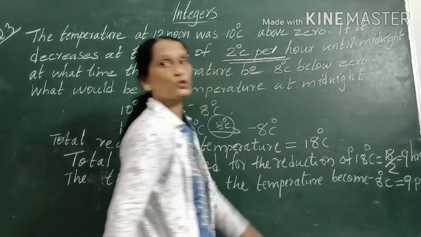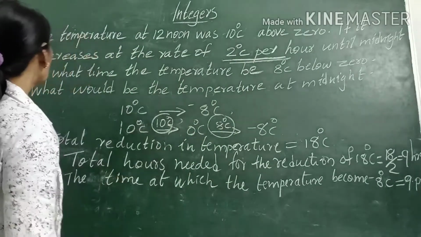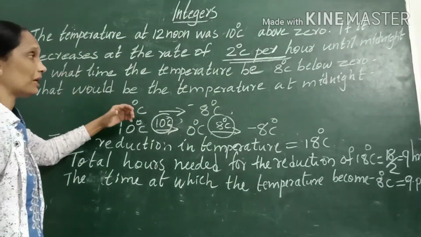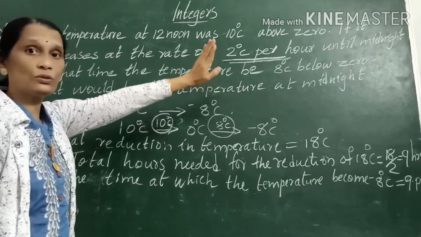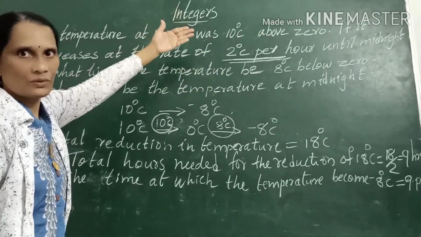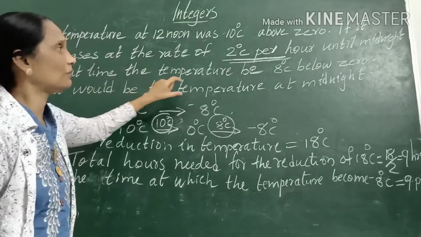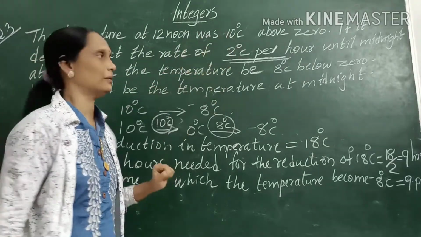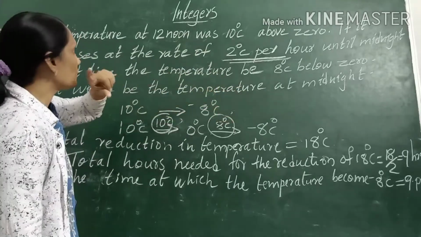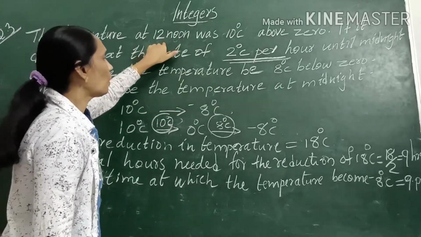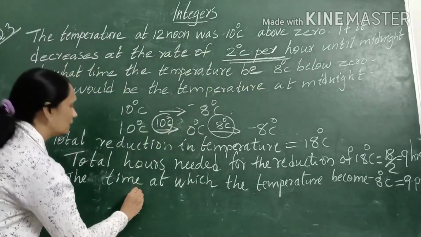Okay, now let us go to the second part of the question. What would be the temperature at midnight? Midnight means 12 AM. So at 12 AM, what is the temperature, it is asking. First of all, we should know how many hours are there between 12 noon and 12 AM. There are 12 hours.